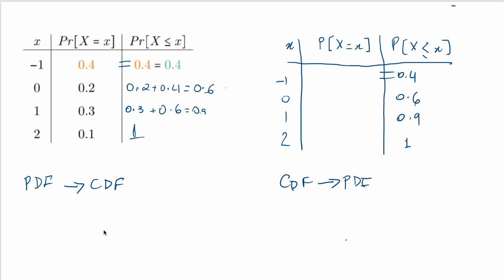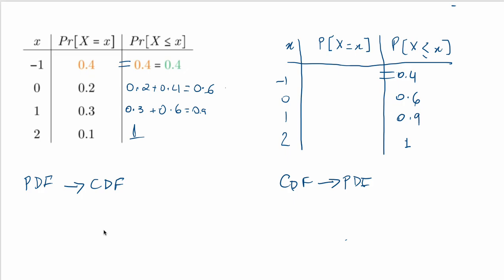So this is PDFs, this is CDFs. Special properties of each one. PDFs, if you sum the probabilities, because this is your sample space, right? You can only have 0 and 1. These probabilities must sum up to 1, and it's true.